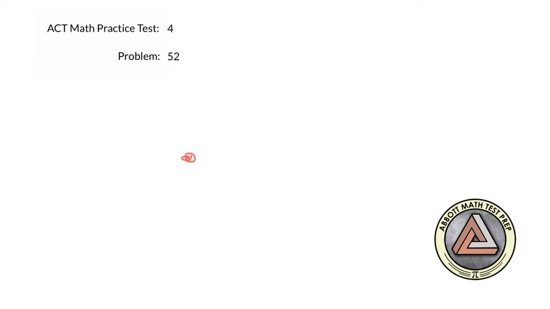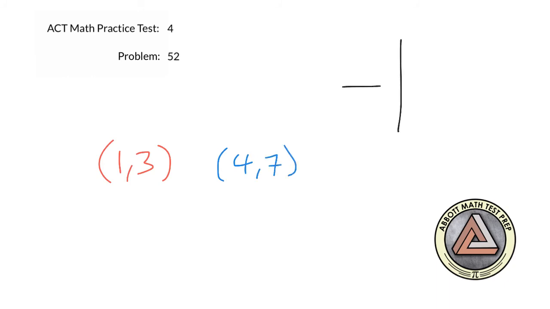Now, let's investigate problem number 52. Apparently, the center is (1, 3), and the circle passes through (4, 7). So maybe it's helpful to draw a rudimentary graph that would highlight what's happening.